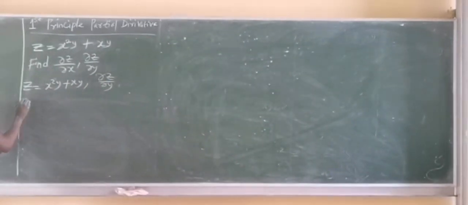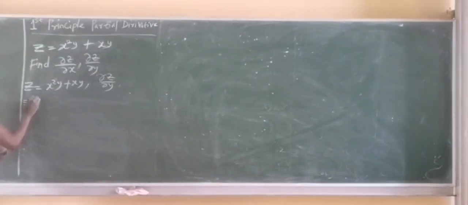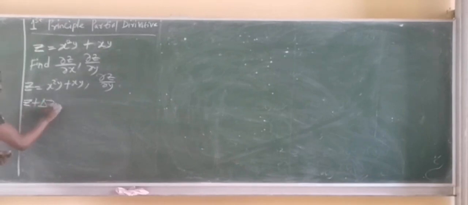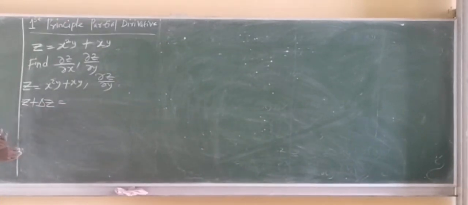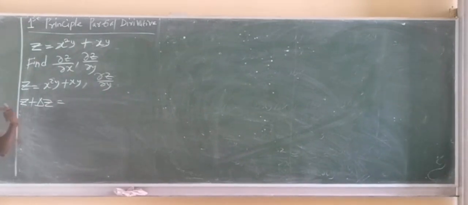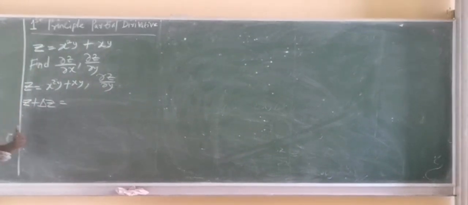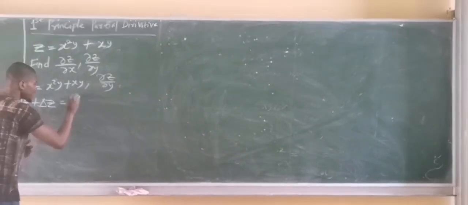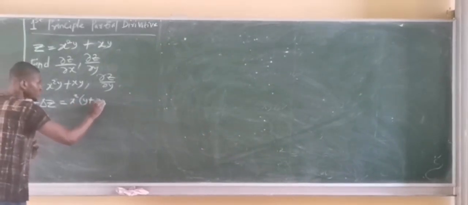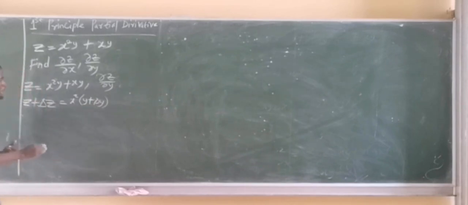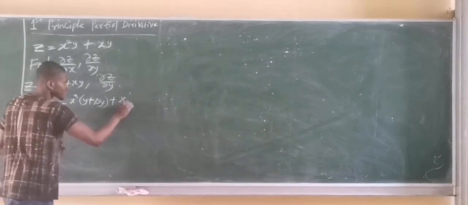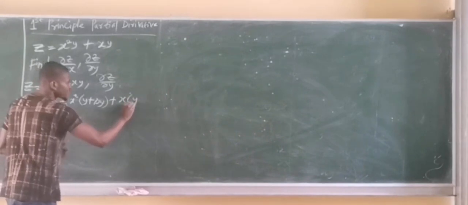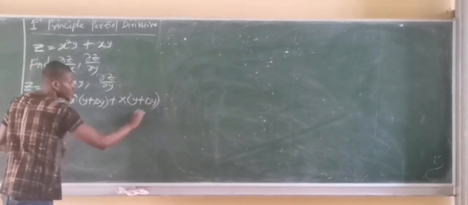A little increase in the value of z, z plus change in z, will cause a corresponding increase in the value of y, keeping x constant. So I'll have x squared kept constant, and y changes by change in y.